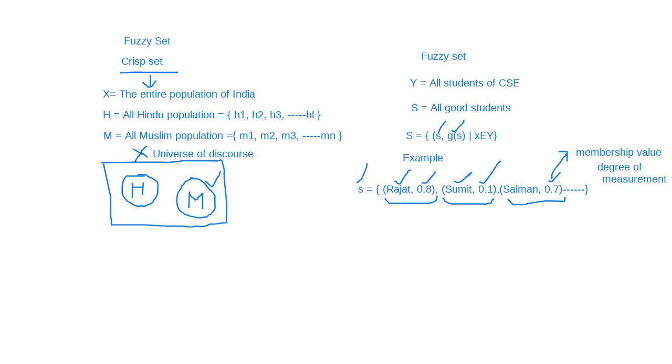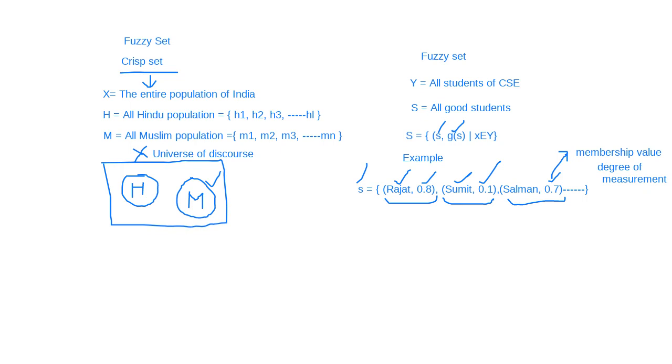Membership value or degree of measurement. Now we will compare these two terms, crisp set versus fuzzy set.